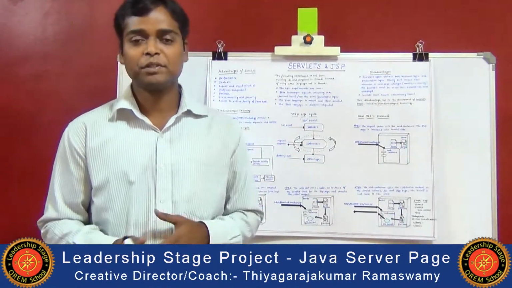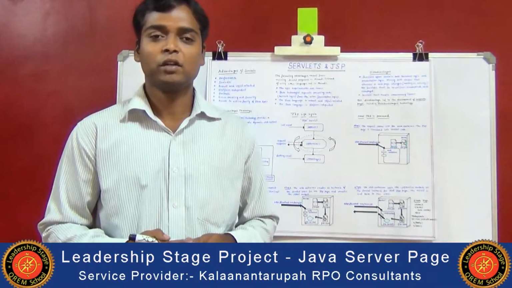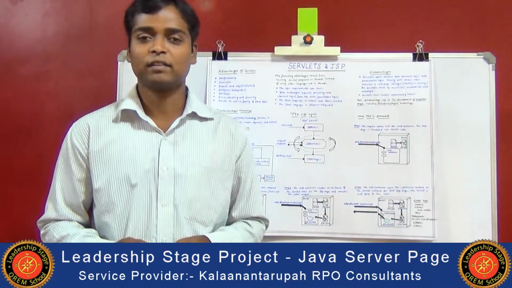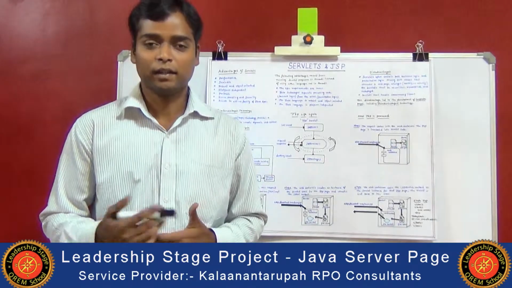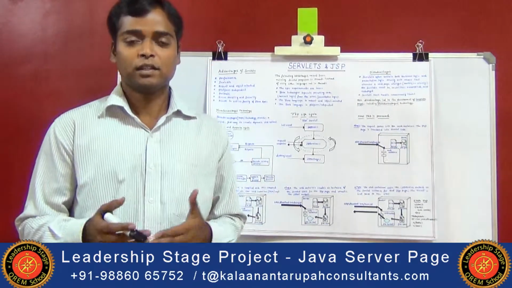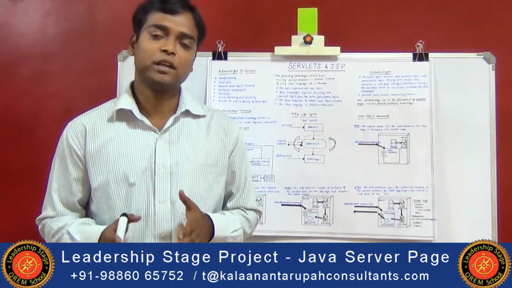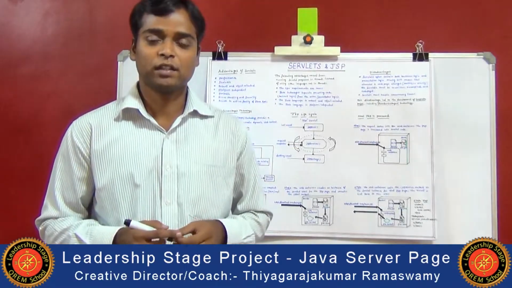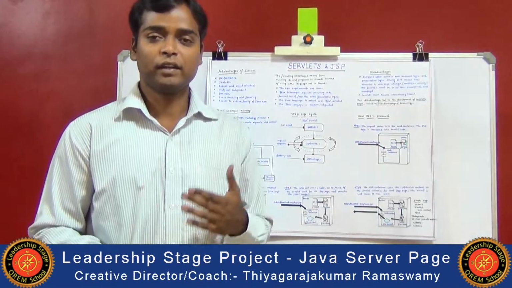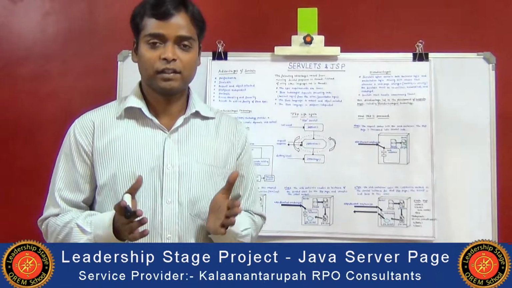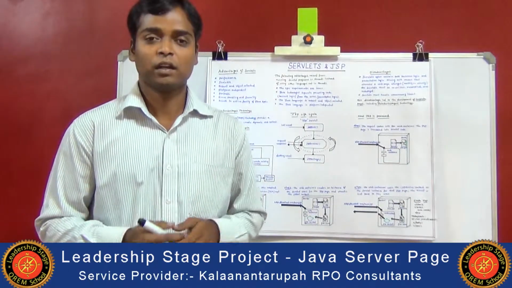JSP is the opposite of servlets. Whatever we do in servlets can be done in JSP also, but JSP focuses mainly on presentation logic. It's about the view page where the user can see the information at the output.